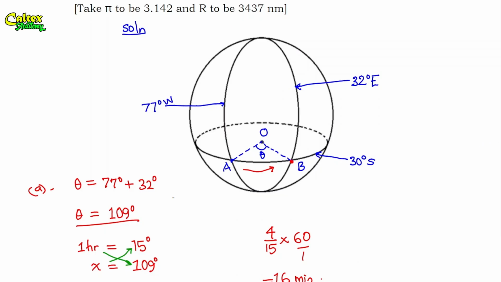What we have to do is to get the distance from A up to B, given our value of theta here, which was 109 degrees. So how do you get this?